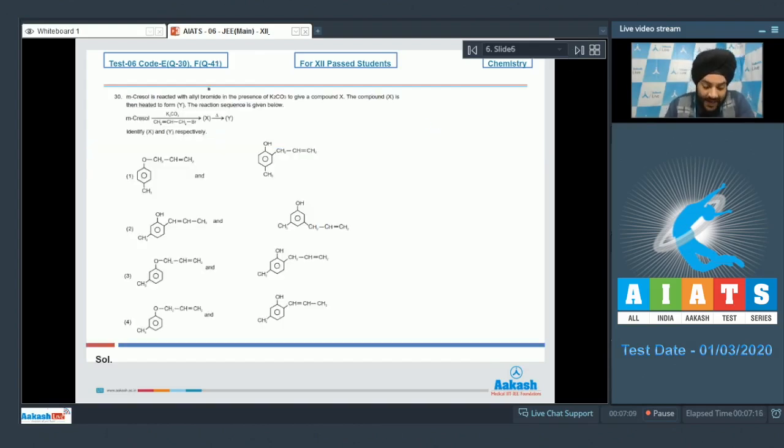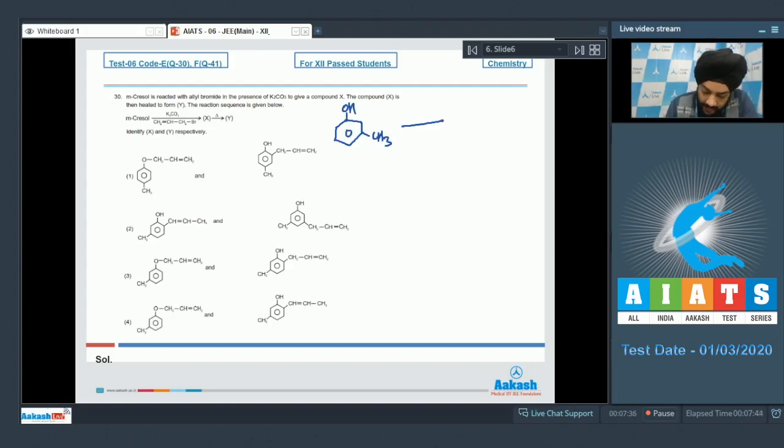Question 30. Metacresol is reacted with allyl bromide in the presence of K2CO3 to give a compound X. The compound X is then heated to form Y. The reaction sequence is given below. We have to identify the correct structures of X and Y out of the given options. Metacresol, students, contains OH and CH3 at the meta position in a benzene ring.